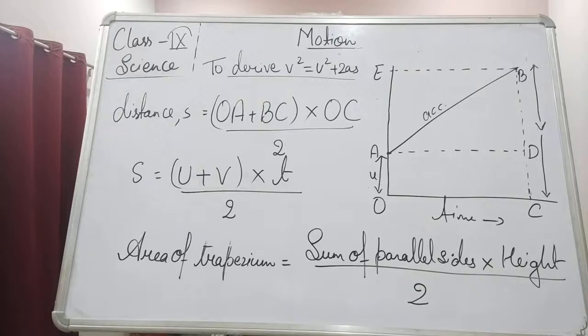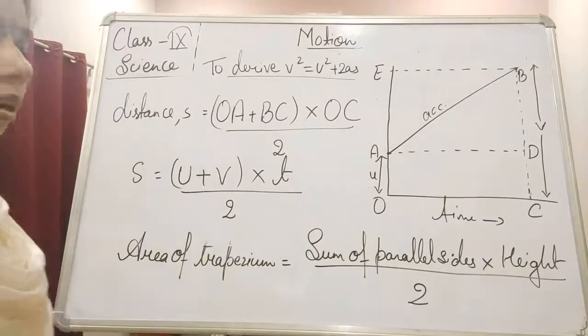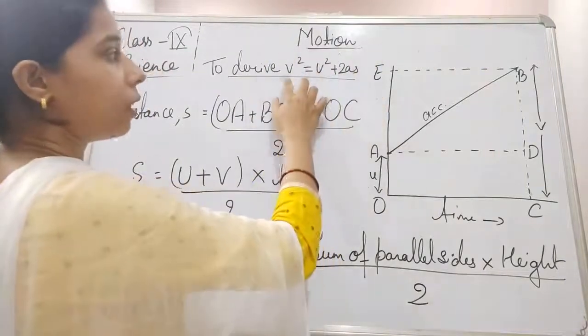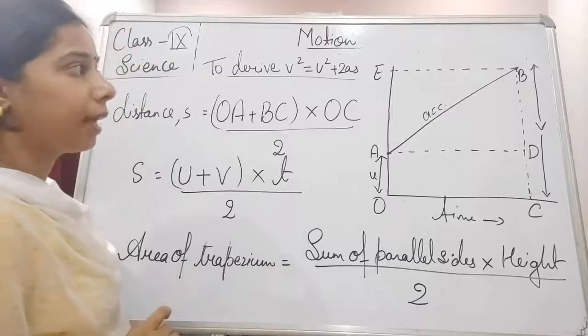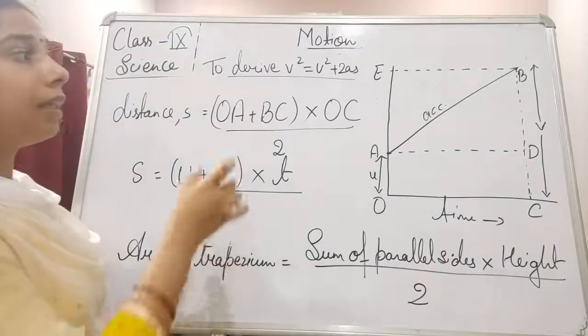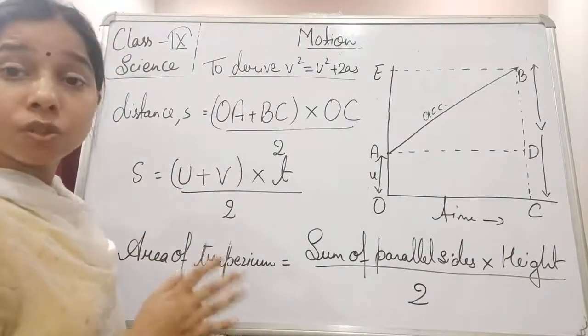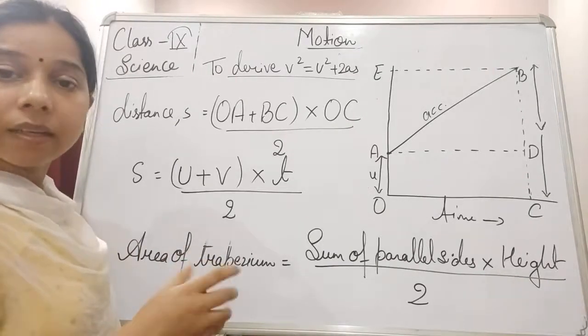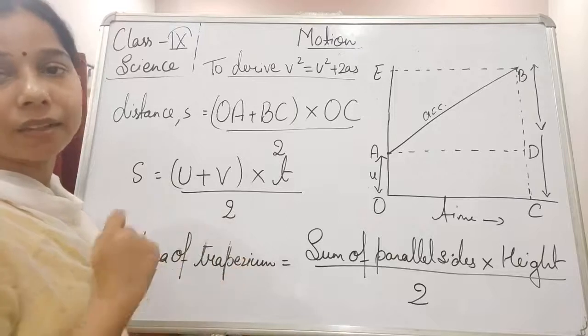Now what we will do here, students, we know that to get this equation, V square is equal to U square plus 2AS, you can see here that in this equation there is no T. Time is not there. Only distance, initial velocity, and final velocity are there.